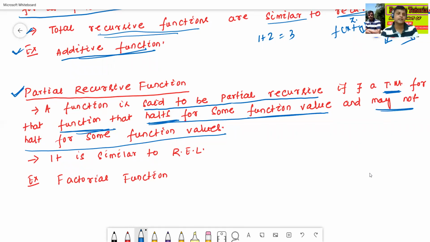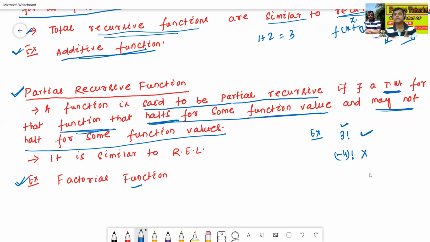The example is the factorial function. For example, 3 factorial we can find, but -4 factorial is not possible. We cannot find the factorial of any negative number, but factorial can be found for positive numbers.